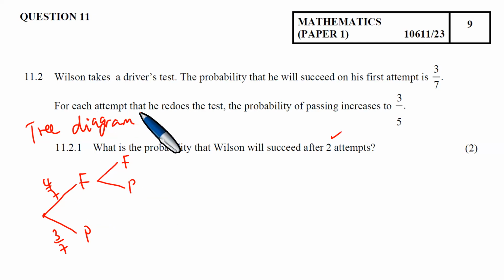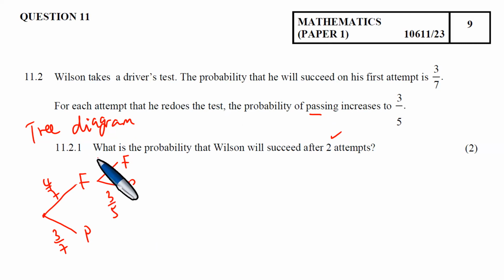For each attempt that he redoes the test, the probability of passing increases to 3 out of 5.